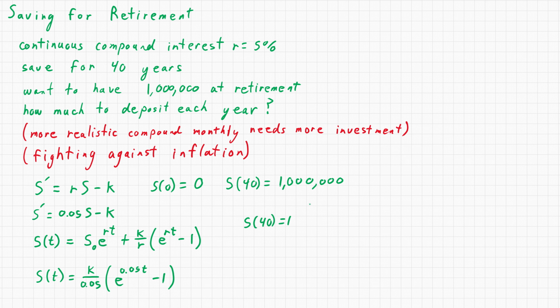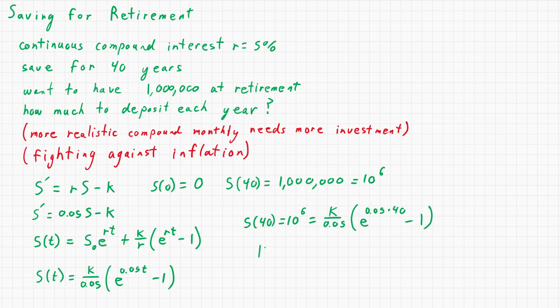Let me just do 10 to the 6th, a little easier to write. That's going to have to equal, well, we plug in 40 into this equation, so we get k over 0.05 times e to the 0.05 times 40 minus 1. In here you can solve for k, you have to divide and so on.